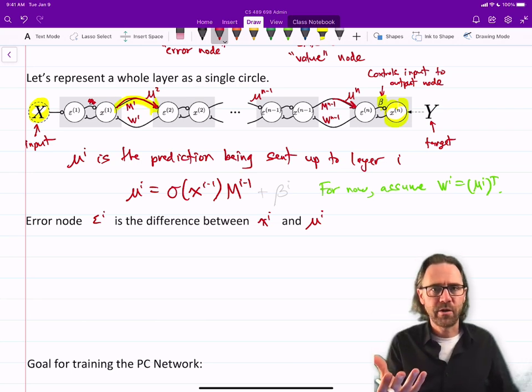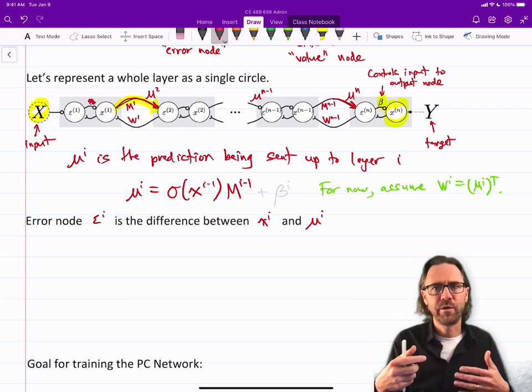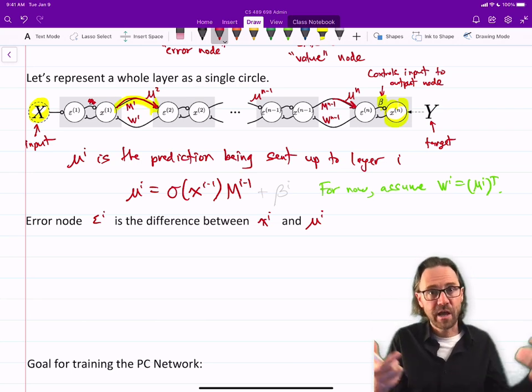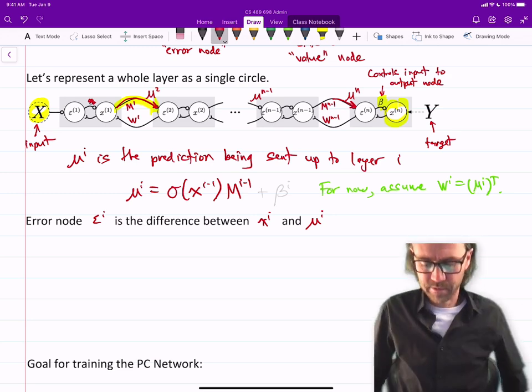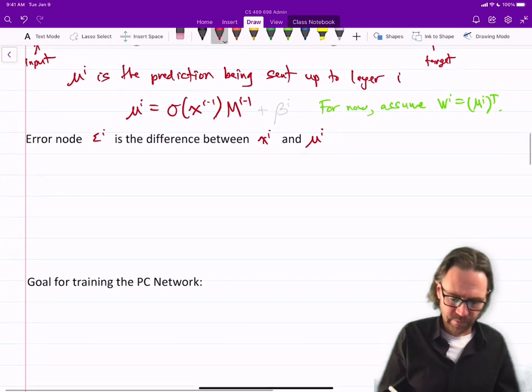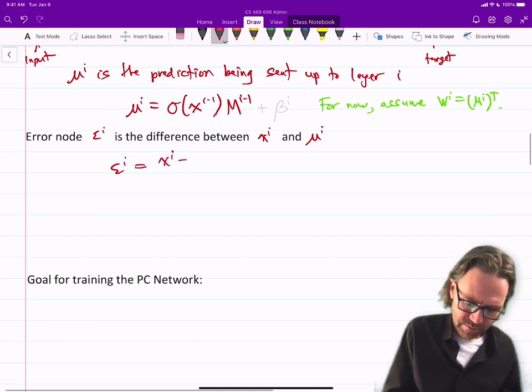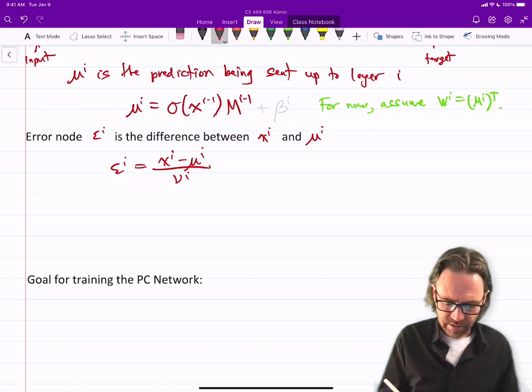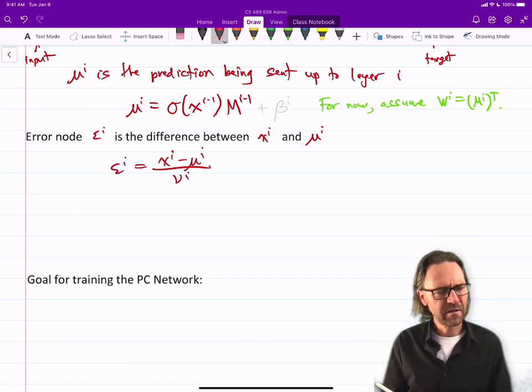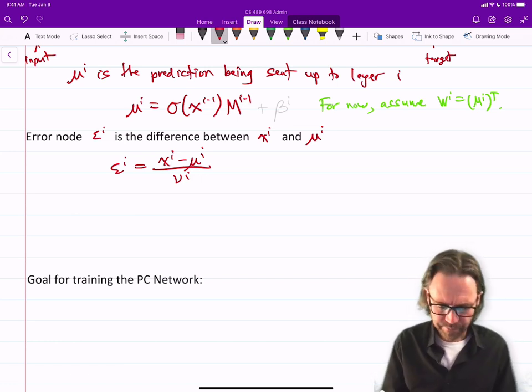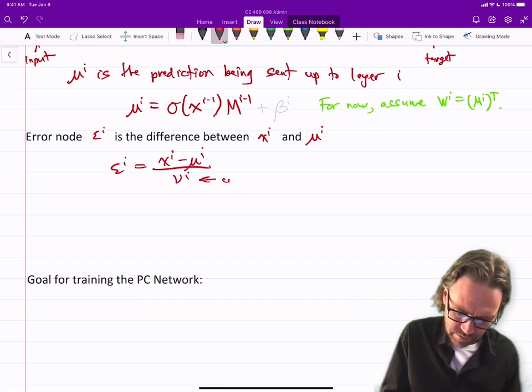So epsilon I is basically the difference between the actual state and the prediction being sent. So error I is xi minus mu I over eta I. I'll call it eta, which is just a constant.